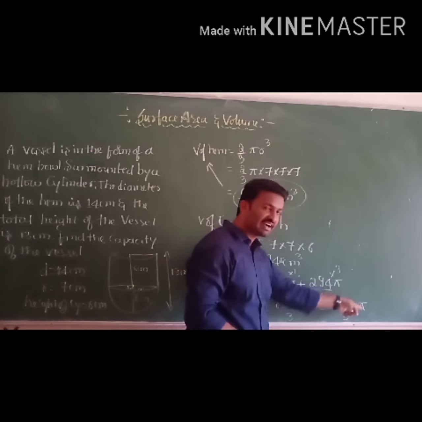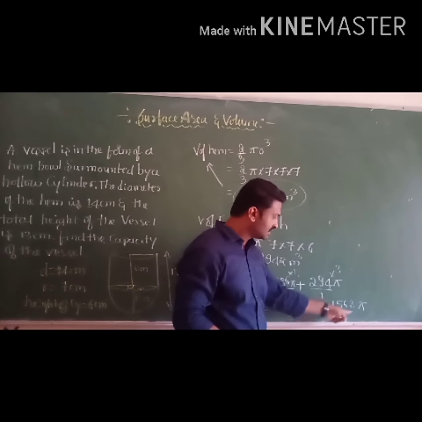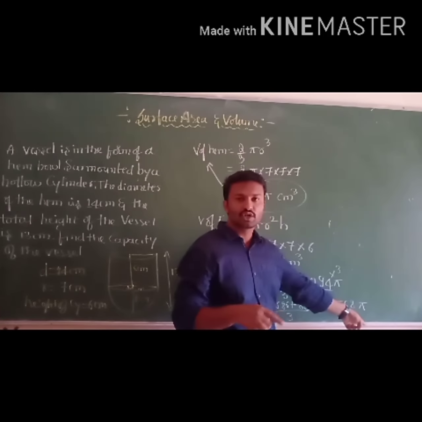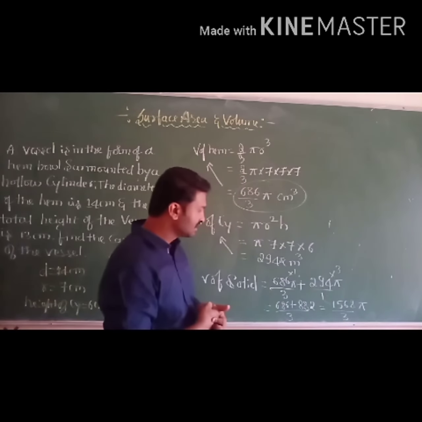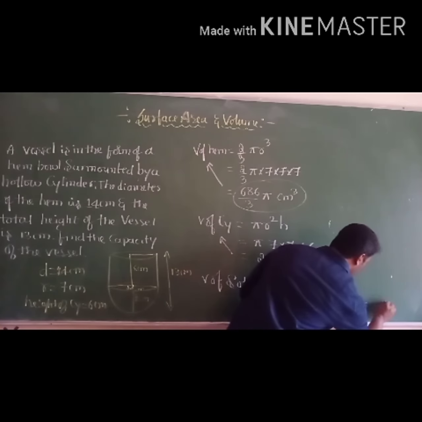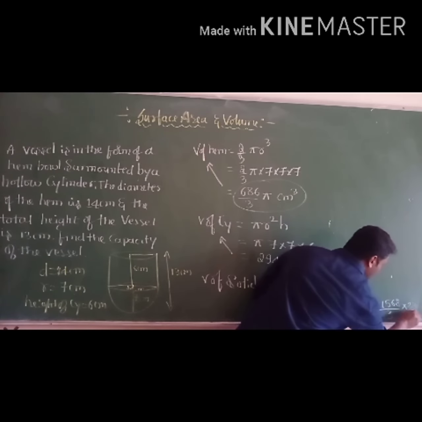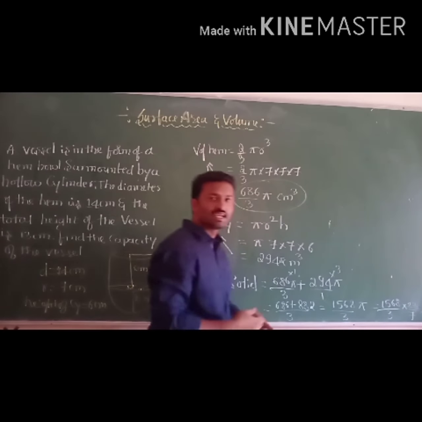Next, simplify this. Take the value of pi as 22 by 7. After calculation, this is 1568 divided by 3 into 22 by 7. You solve this and you will get the answer in cm cube.